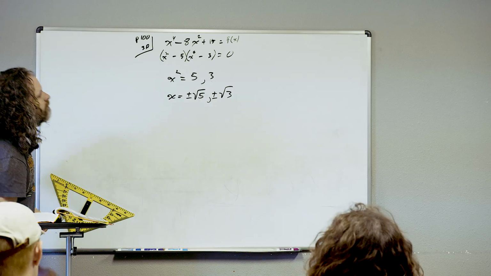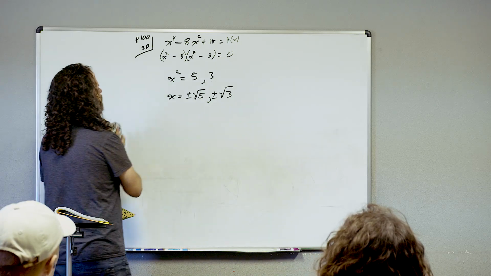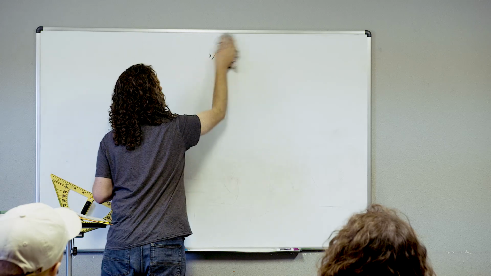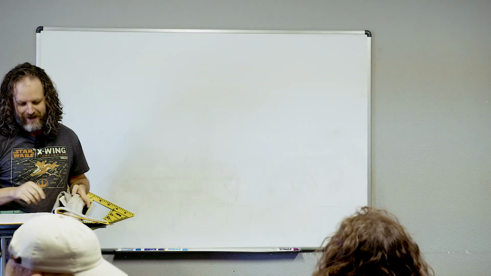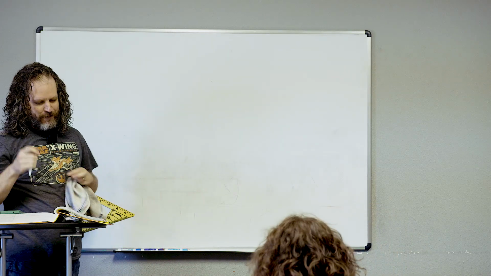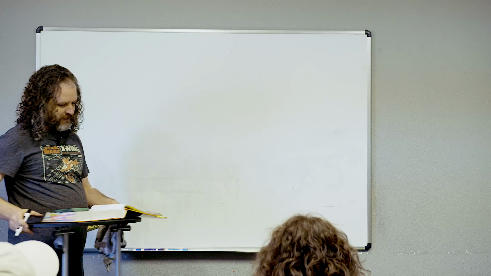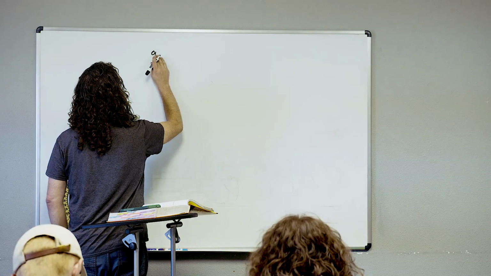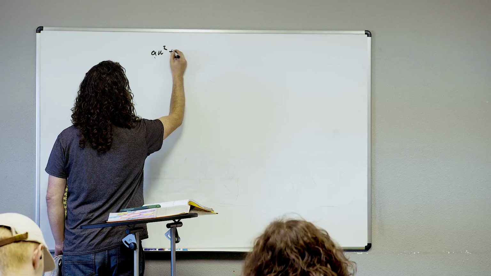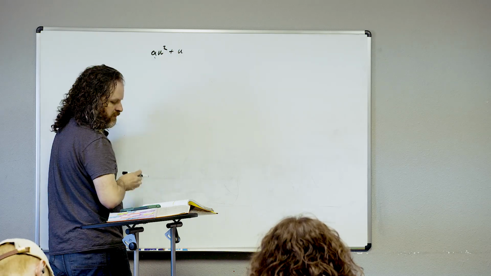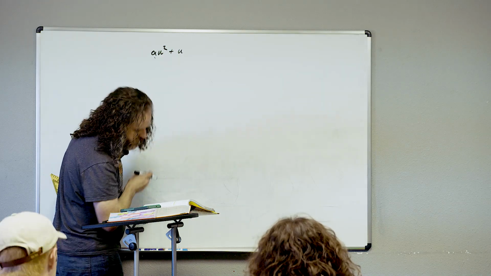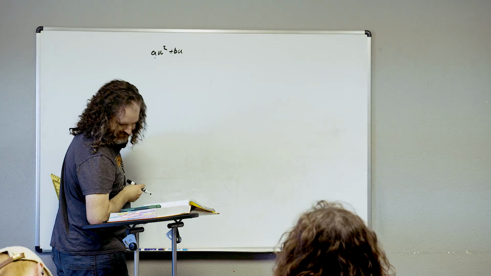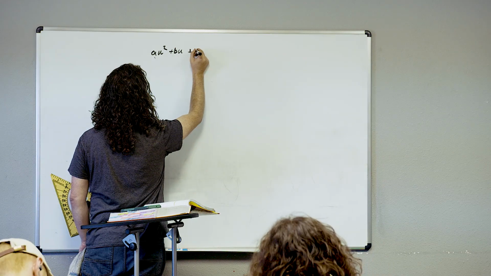Actually, you're on the right track. We use different letters typically, but quadratic form is any polynomial that is written in the form a u squared plus b u plus c.